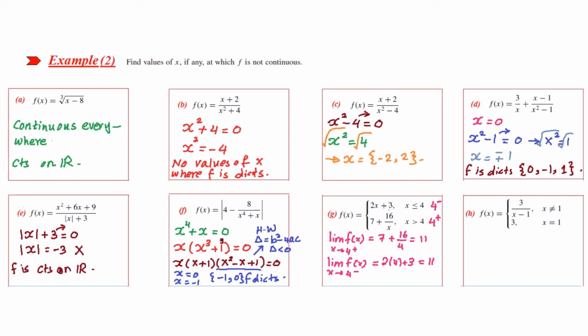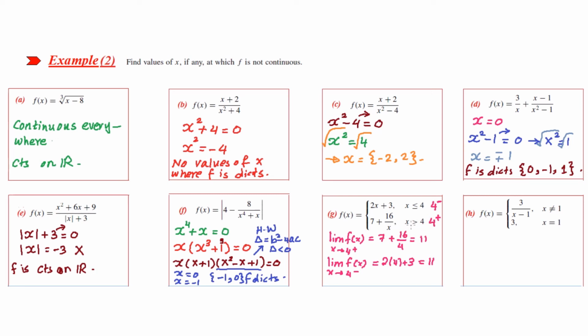For the first function, it is a polynomial, so it is continuous in its domain. For the second function, we have a rational function, 16 over x, but if we take the denominator x equal to 0, you will find 0 is not included in the domain of this function, because in this region we have x greater than 4, and 0 is not greater than 4.